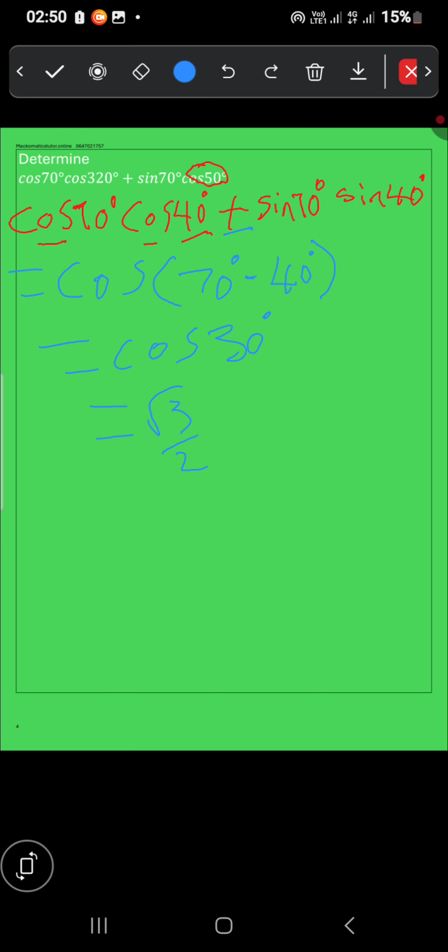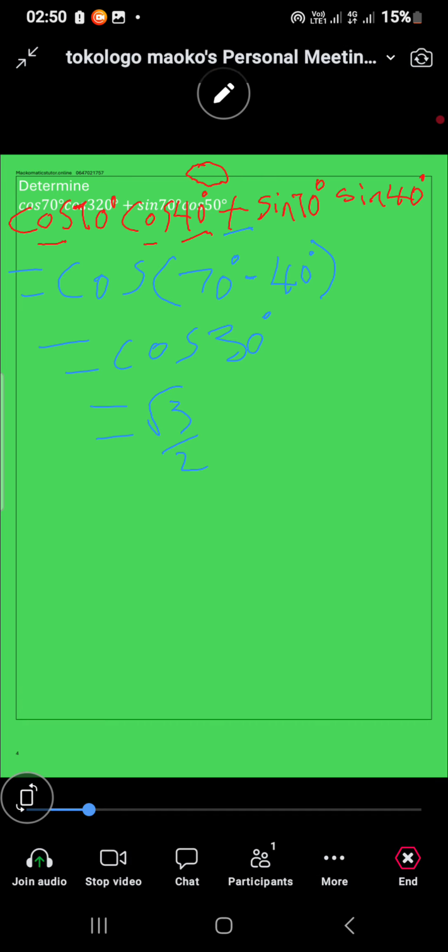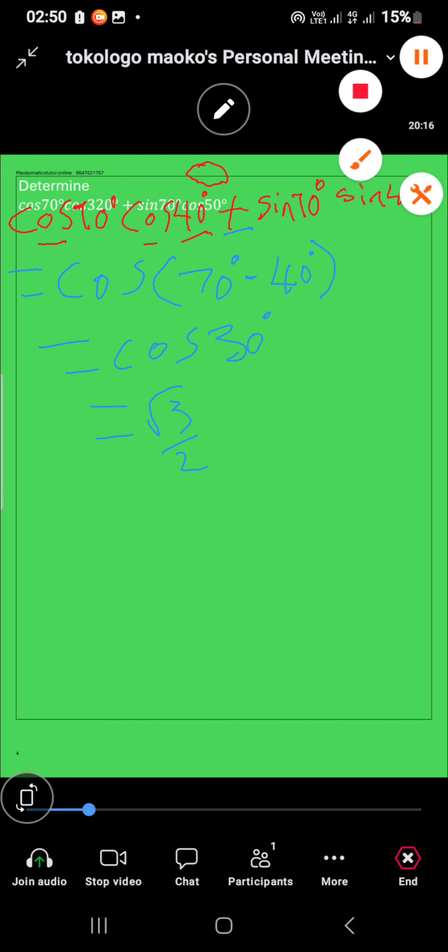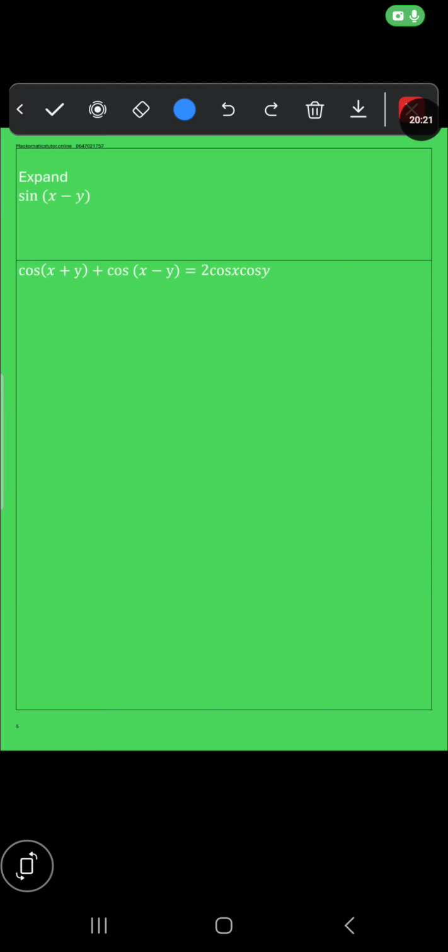So we're moving on to the next question that we can deal with. Next question says expand this. So to expand this is the compound angle identity of sine.